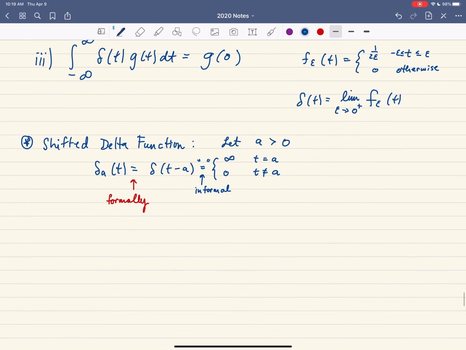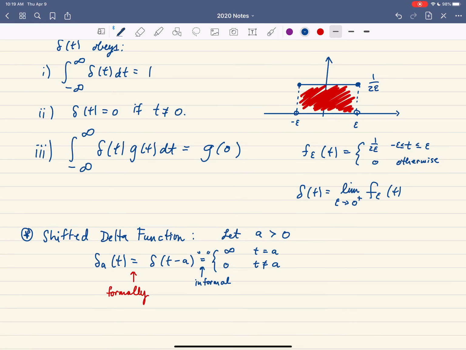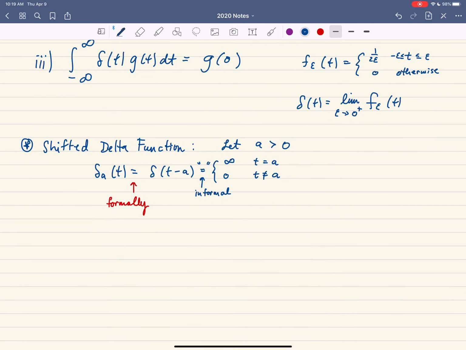And again, this has the same properties. I'm not going to rewrite this, but replace all the zeros over here with a's, and you get the properties that we're talking about. So if you were to integrate delta sub a of t from negative infinity to infinity, you'll get 1. Delta sub a of t is going to be 0 if t is not equal to a. And finally, the one that I think is worth writing down is number 3.